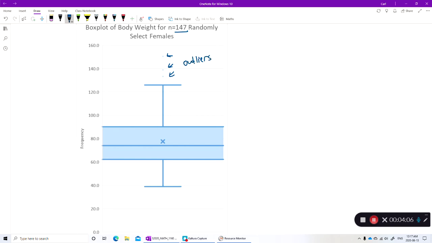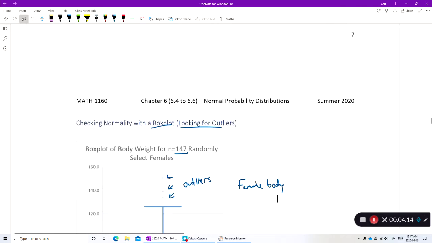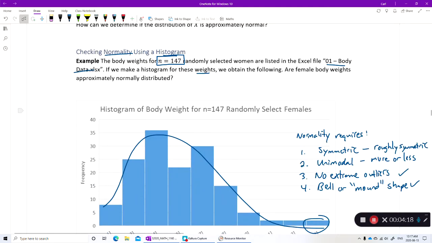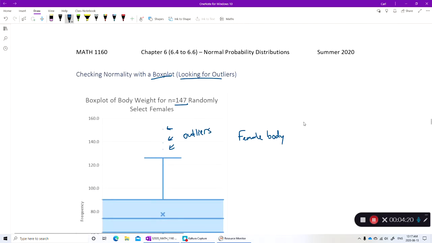The female body weights do have a few outliers. Three outliers.